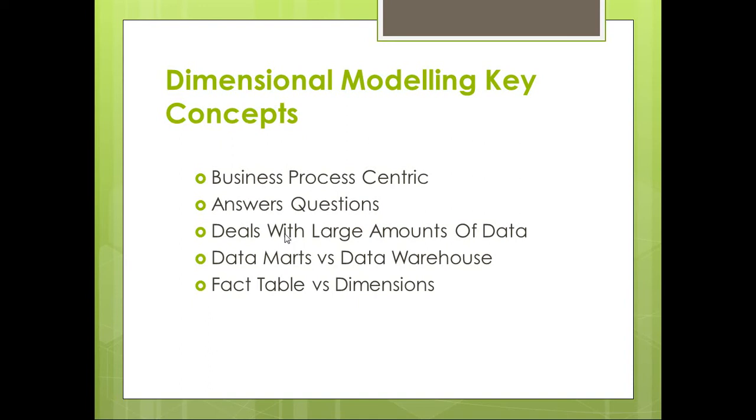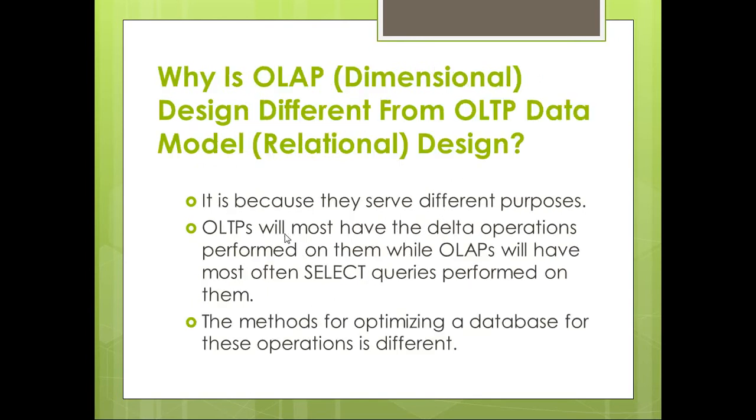The store could be another dimension. The product could be another dimension. And anything involved in the business process could be considered a dimension. The fact table is just the business process, and it contains all these different objects which have properties of their own. I'll show you an example to illustrate this.